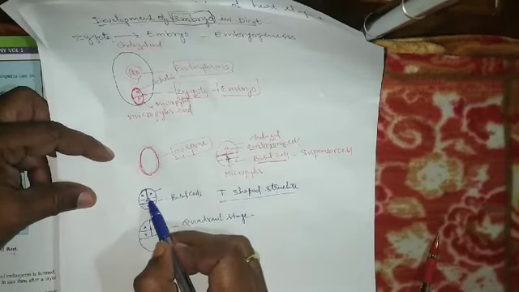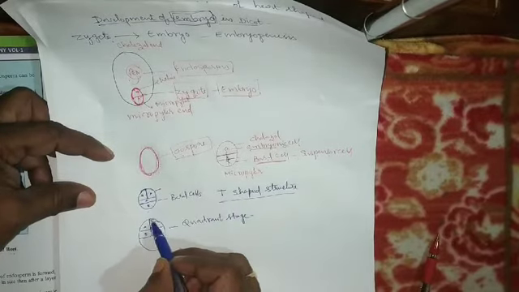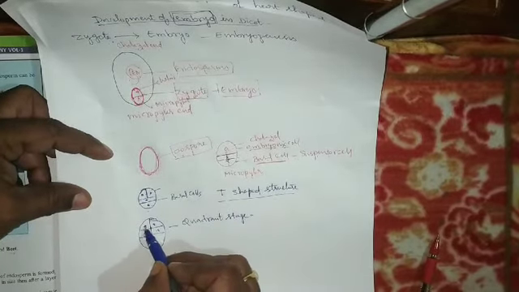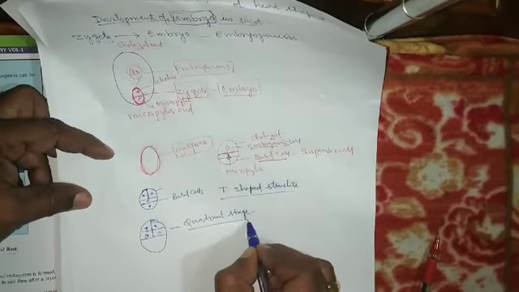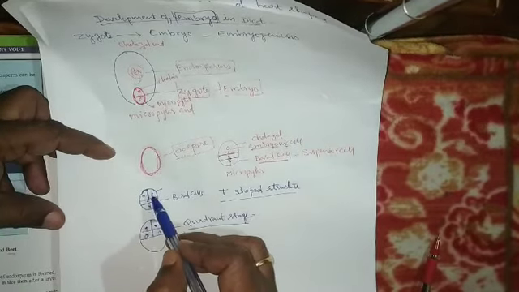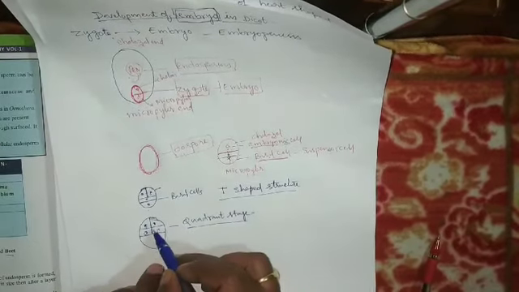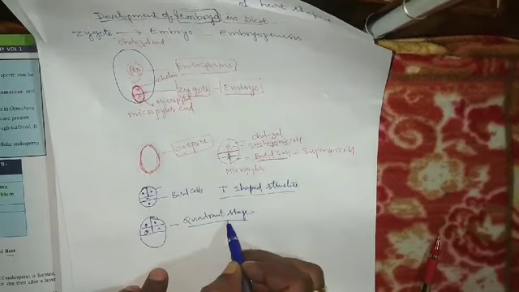The apical cell divides one more time and forms four cells. Now the stage is called the quadrant stage.